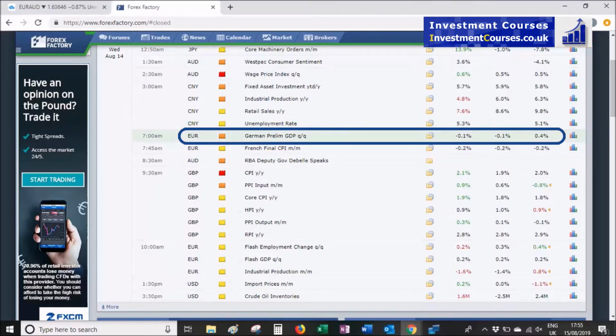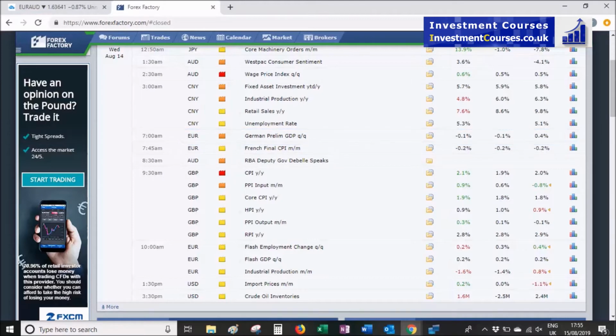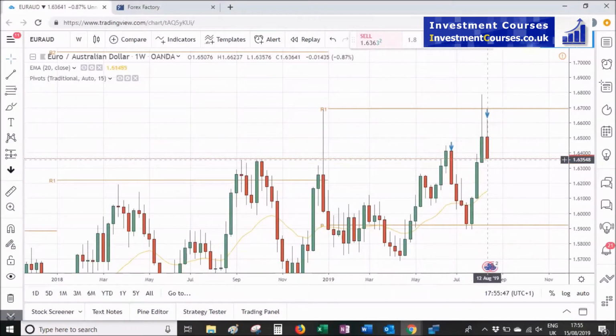It went from positive to negative, and it's a signal which puts a lot of pressure on the ECB, the European Central Bank, which needs to consider reducing the interest rate in the Eurozone, or using some easing monetary policy to support their economy. And all of these things put more sell pressure on euro, and based on that I think there is still some room for even further price reduction.